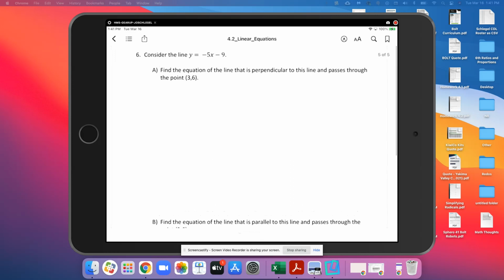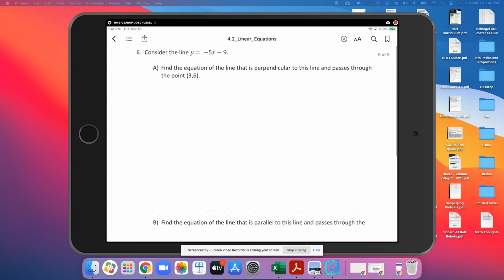Alrighty, folks, number 6 is up, and we have the equation y = -5x - 9. We are looking for the equation of the line that is perpendicular to this line and passes through the point (3, 6). So the first thing we need to think about is, gee, if it's perpendicular, the slope is the opposite inverse.